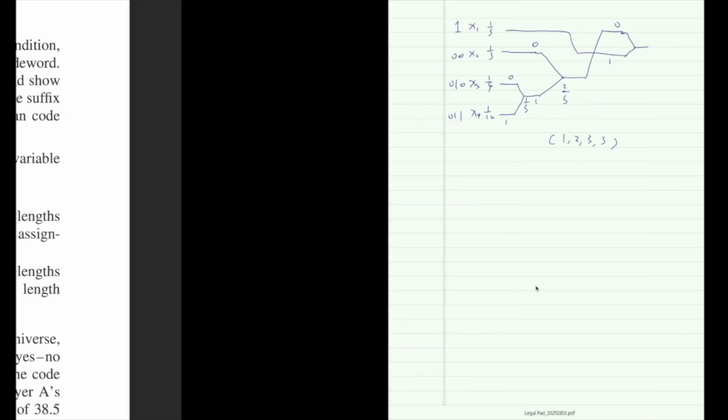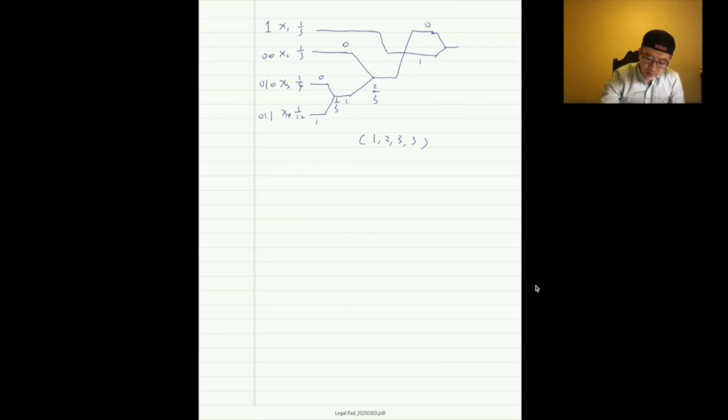So here, what we would like to see is that although Huffman code is better than the Shannon code in general on the average length, there may exist some code word where the Shannon code might be better. So let's construct the table of the code word lengths.